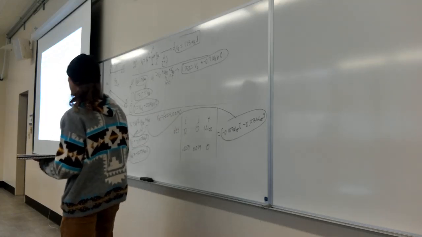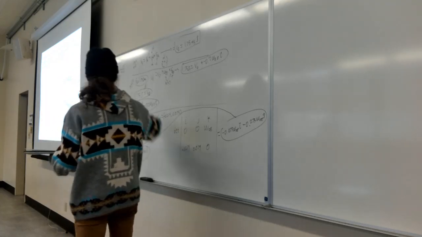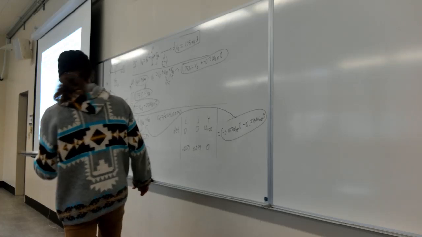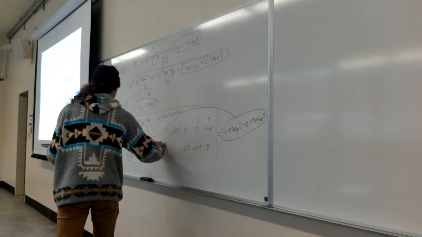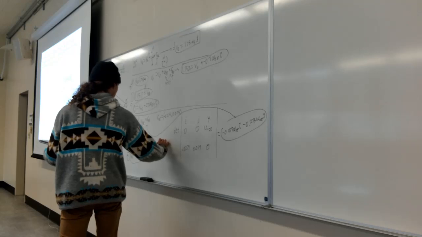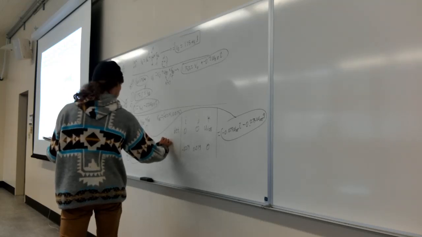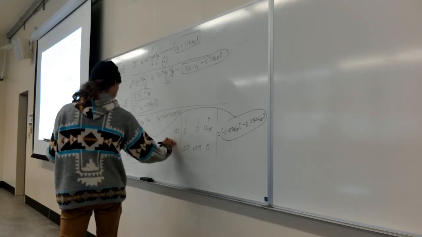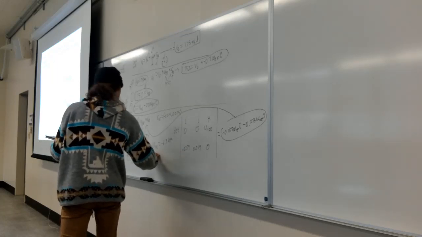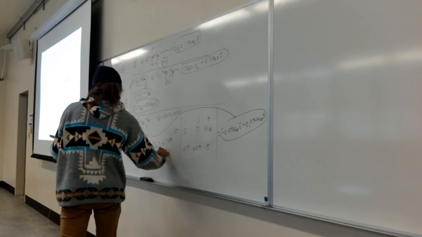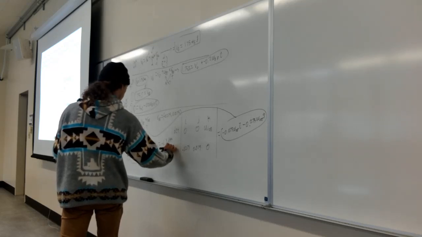I'm just going to write them out for you instead of going through all that algebra. But you get that omega DE is equal to negative 6.364 k, and omega BD is equal to 2.39 k, and these are in radians per second.